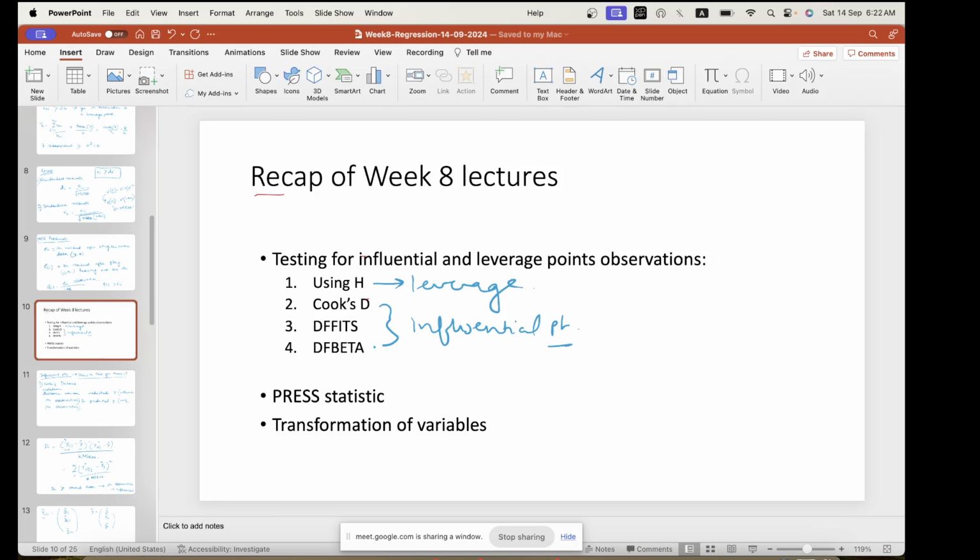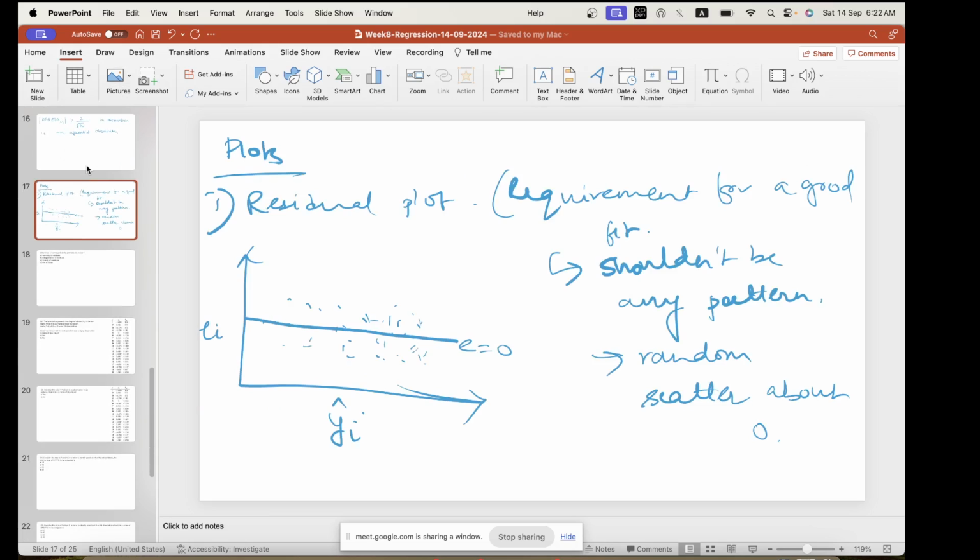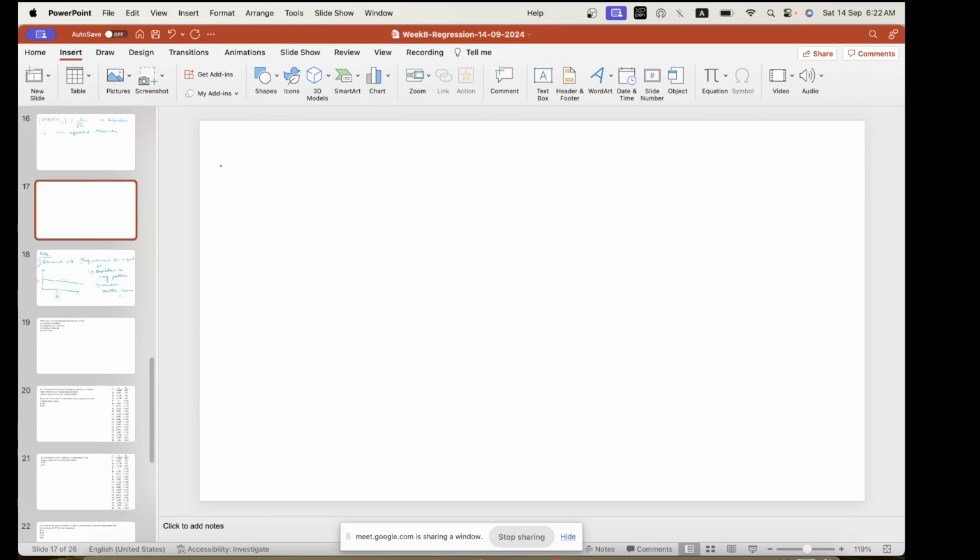And we also learned about the PRESS statistic. So a little more here, what did we learn about the PRESS statistic? Last week we learned about PRESS residuals.